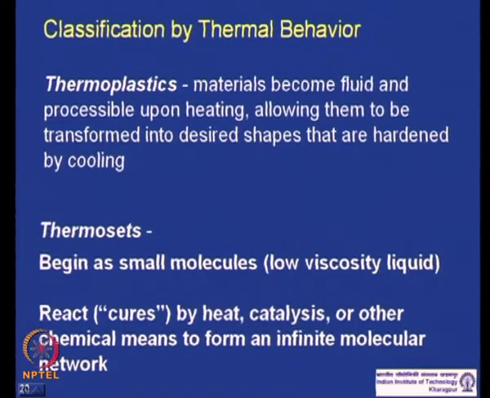Another class is thermosets, where a polymer is made in situ. You start with small molecules, monomers, as a low viscosity liquid, put it in a container and then cure it by heating or by some chemical reaction. By this, it forms a cross-linked network, the terminology I mentioned on the last page, where the polymer chains are networked, cross-linked and frozen.